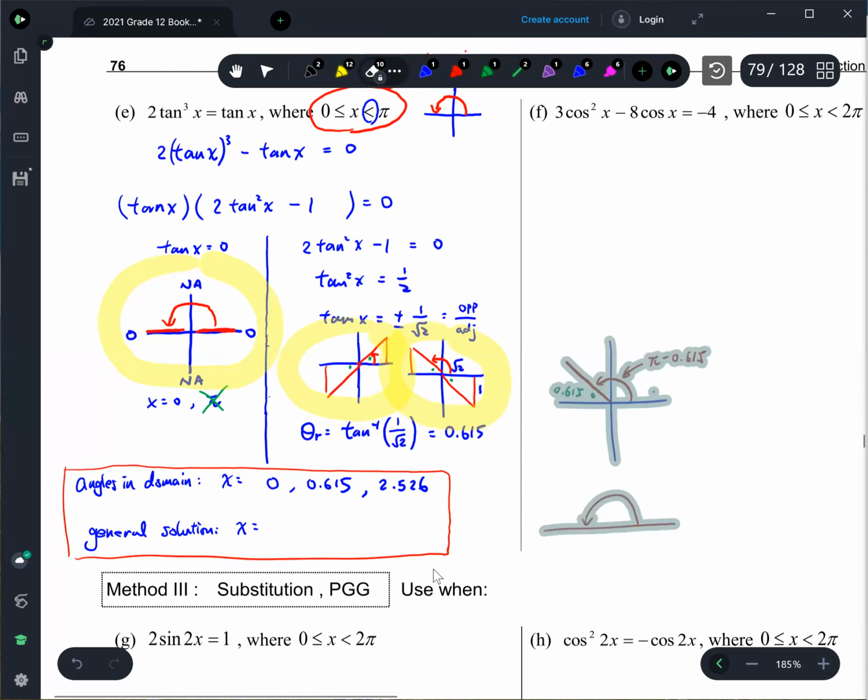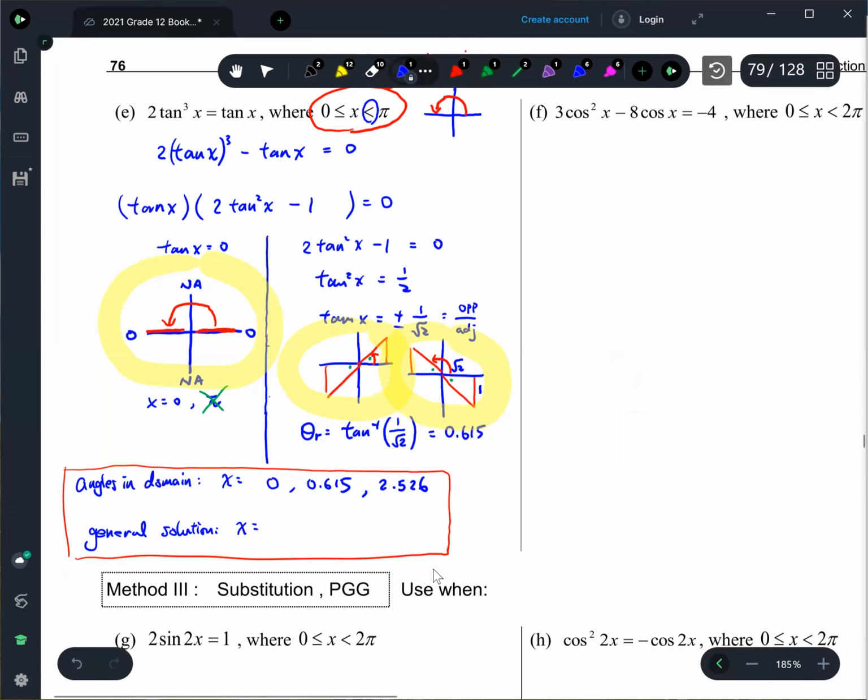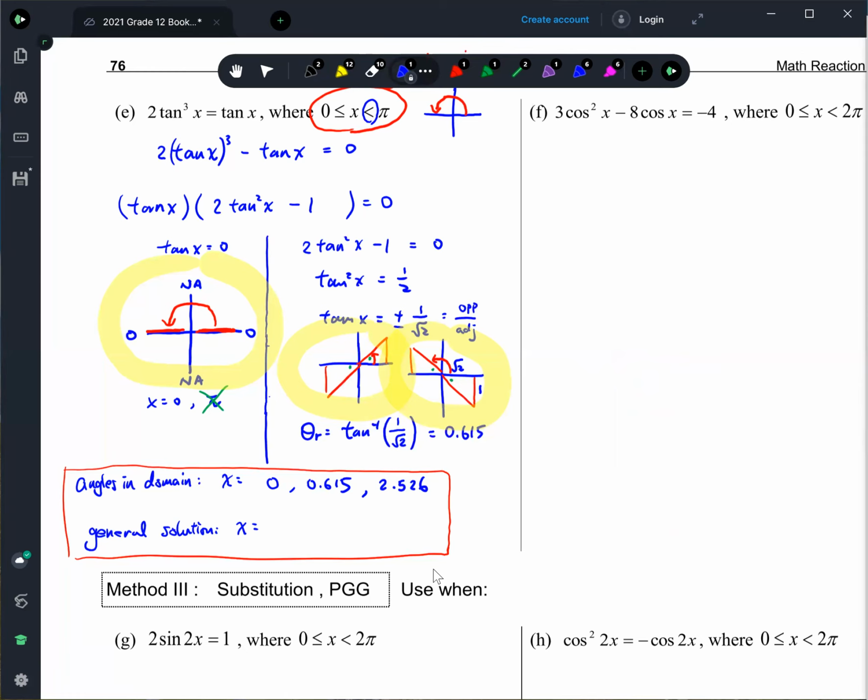All right, so how many general solutions do you think we need, Daniel? Three. That's right. Very good. How do we know we need 3? Because you don't need 2 pi n, just pi n, because it's like half.